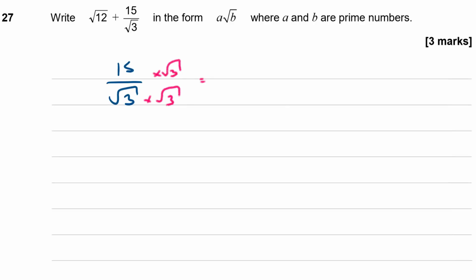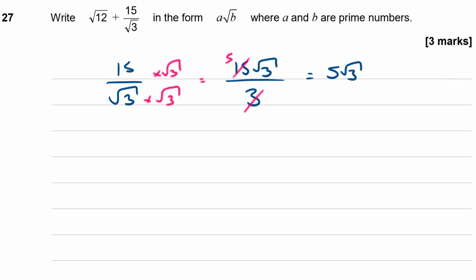It's going to give me root 3 times root 3 is 3, so 15 root 3 over 3, like that. Now you can see that I can divide the 3 into the 15, leaving me with 5. So that is equivalent to 5 root 3.